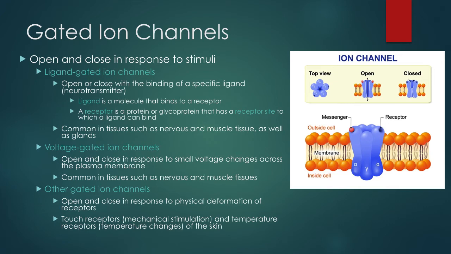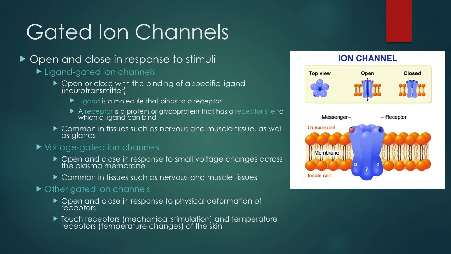And so these open and close in response to different kinds of conditions. Some channels are referred to as ligand-gated channels. This means that something binds to the protein, what's called a ligand, and it binds to a receptor part of the protein, and that causes the protein to open. So it's a kind of a receptor and an ion channel.